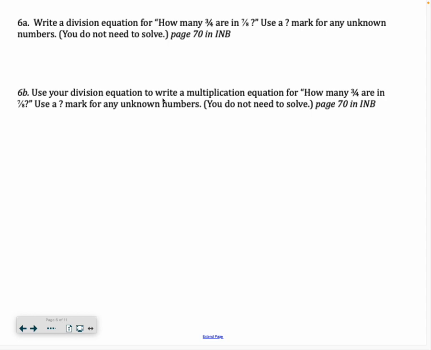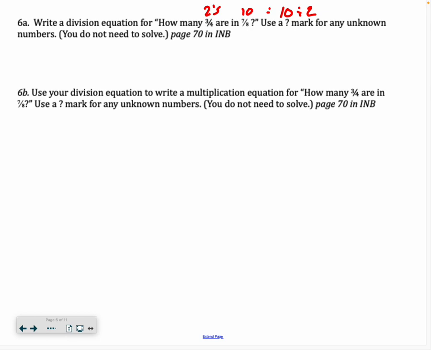So pretend that the question said, how many 2's are in 10? If that's what it said, how many 2's are in 10, we could write 10 divided by 2 to find our answer.